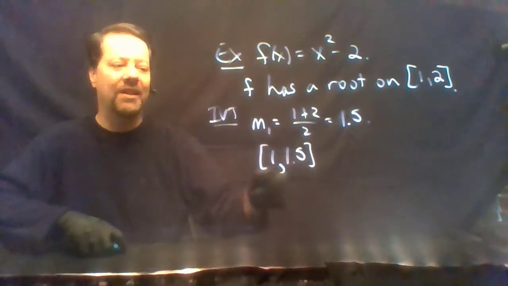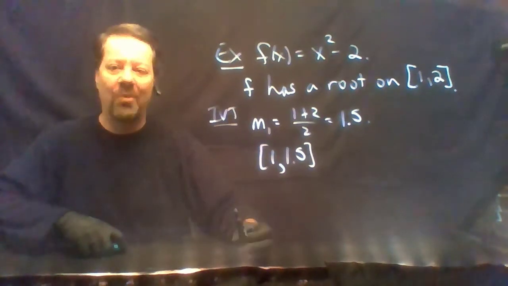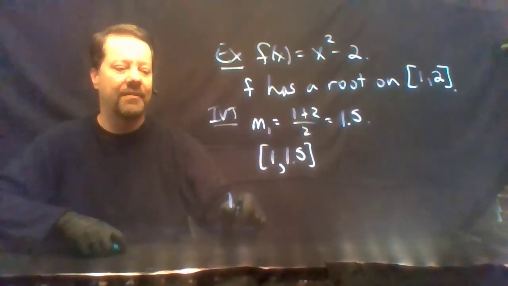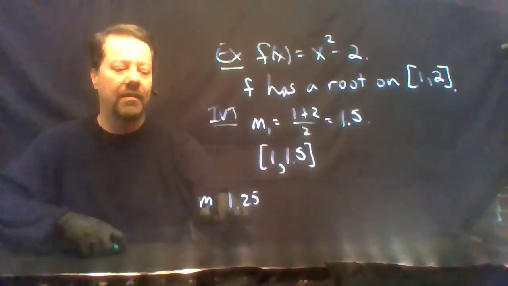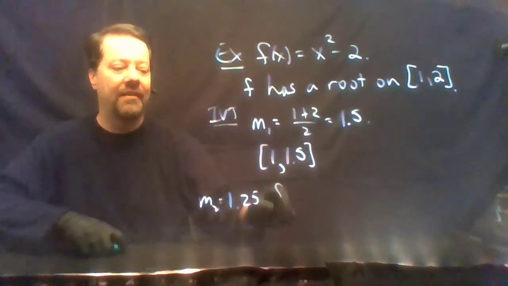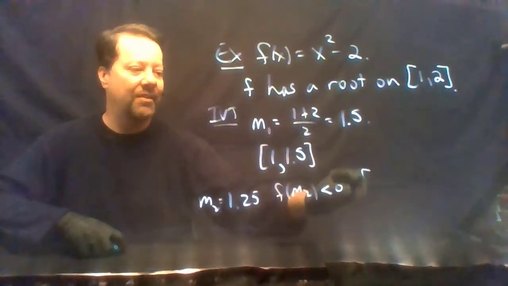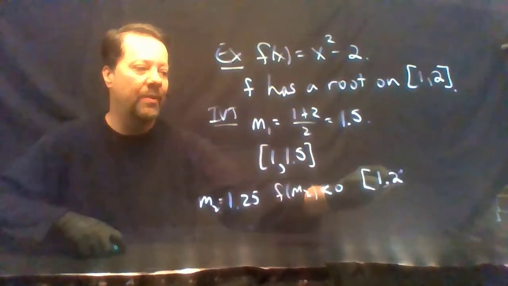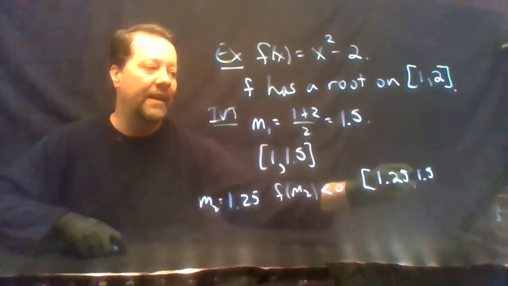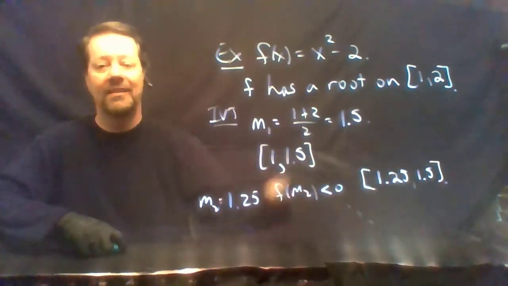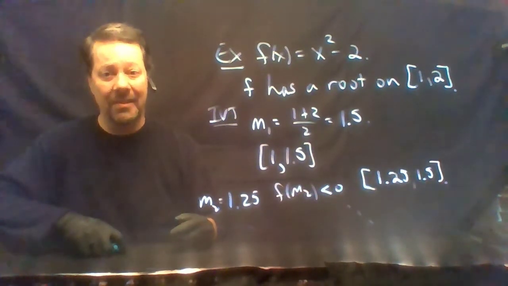We keep on going. The next midpoint is 1.25. And f of that midpoint will be negative. And so you'll have this narrowed down to somewhere between 1.25 and 1.5. As you can see, this will converge very slowly.